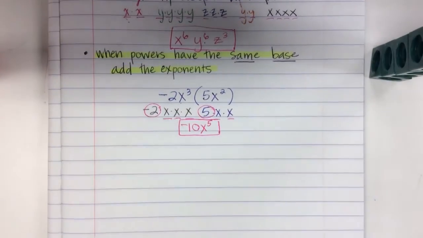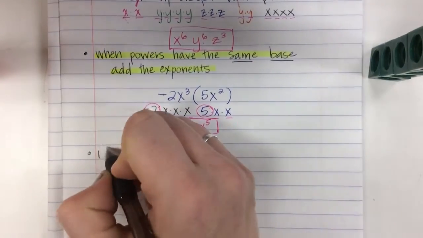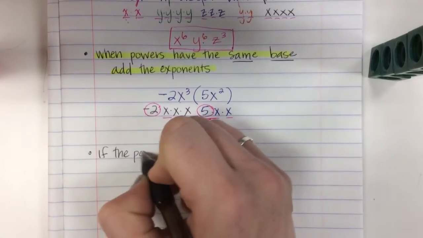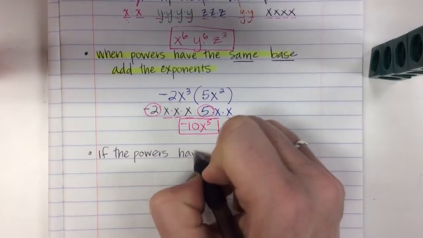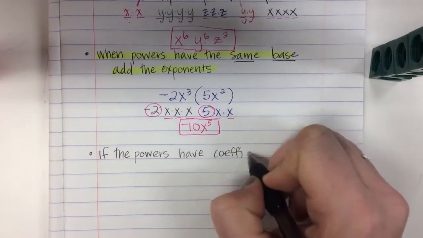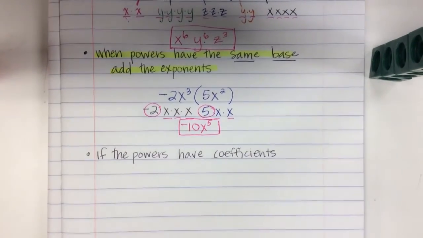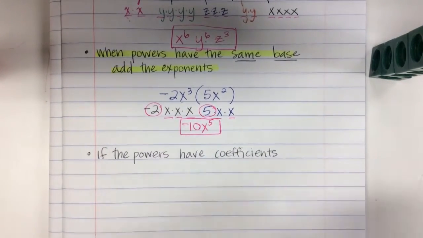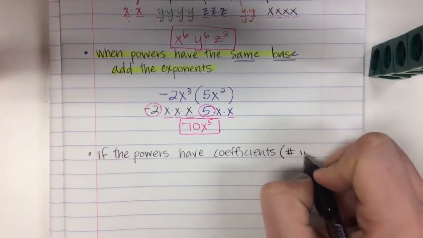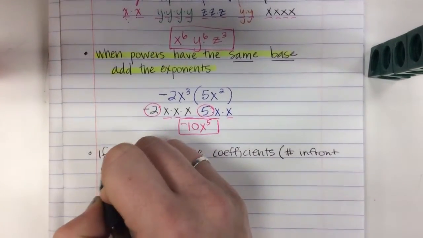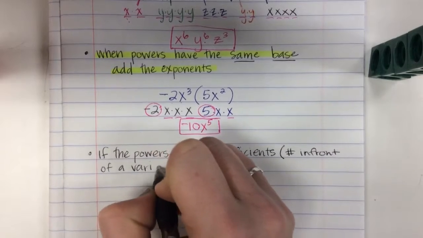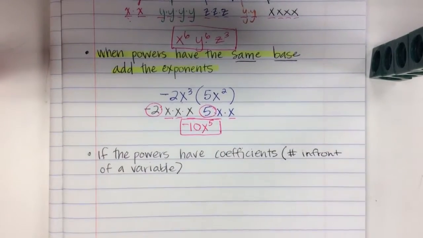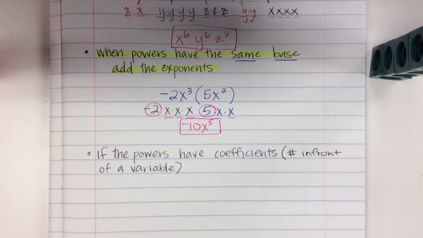However, if the powers have coefficients, what's a coefficient? A number in front of a variable. If the powers have coefficients, numbers in front of the variable, what do you do with those coefficients?